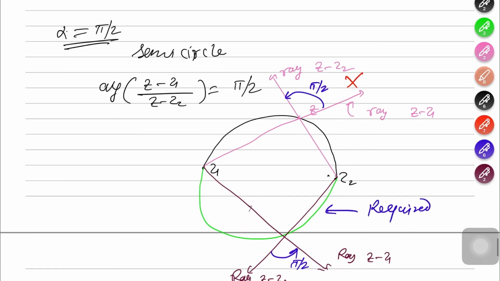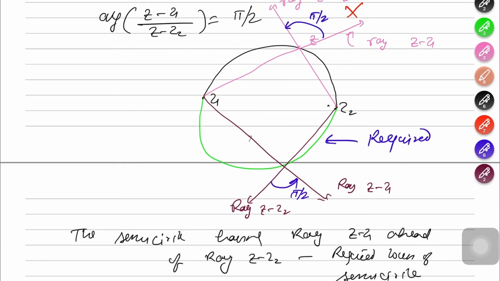So we should know that argument of (z minus z1) upon (z minus z2) equal to pi by 2 represents a semicircle, but only one of the semicircles is possible. How do we determine which semicircle is possible? Make two semicircles and then try to draw a ray. The one in which angle pi by 2 is anti-clockwise starting from ray z minus z2 and ending at ray z minus z1 is the required side of the semicircle.